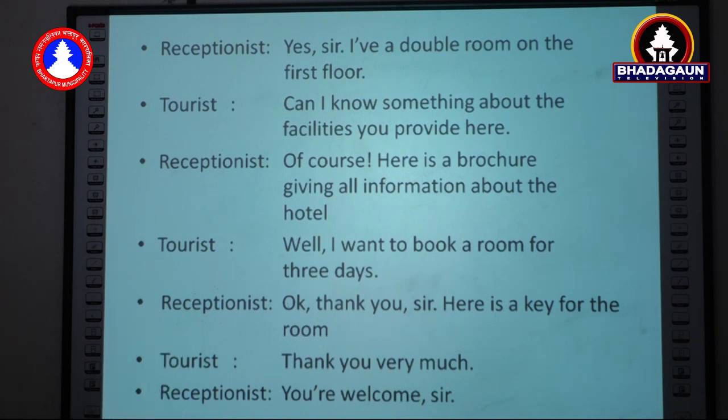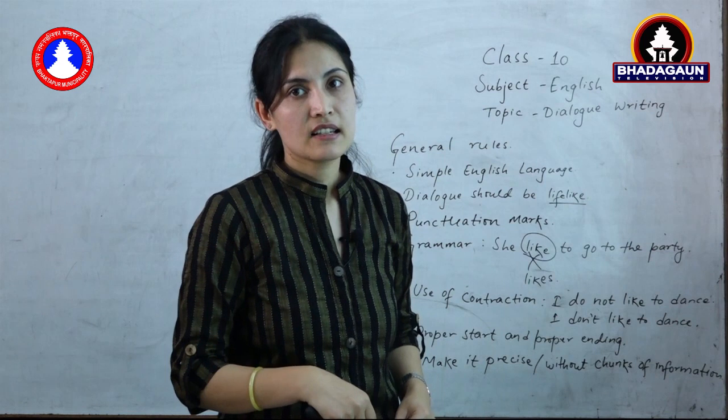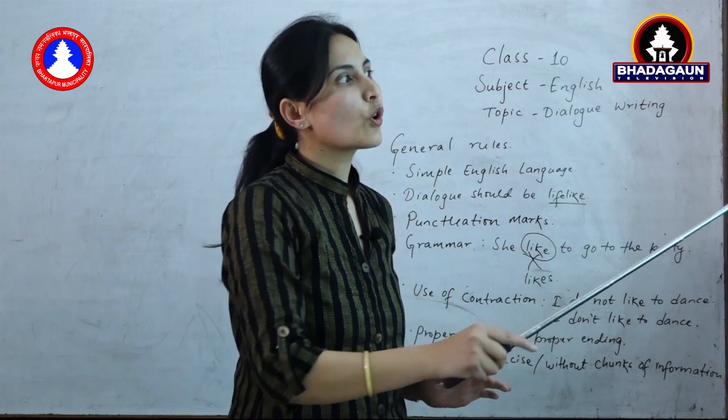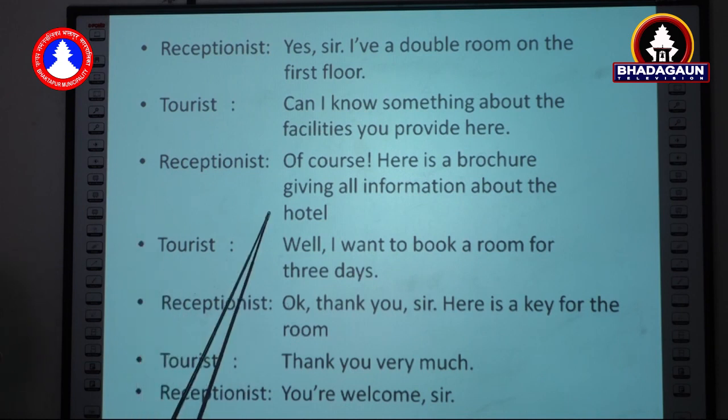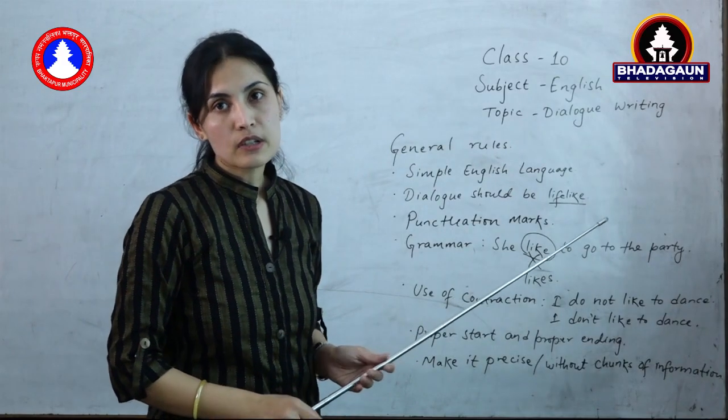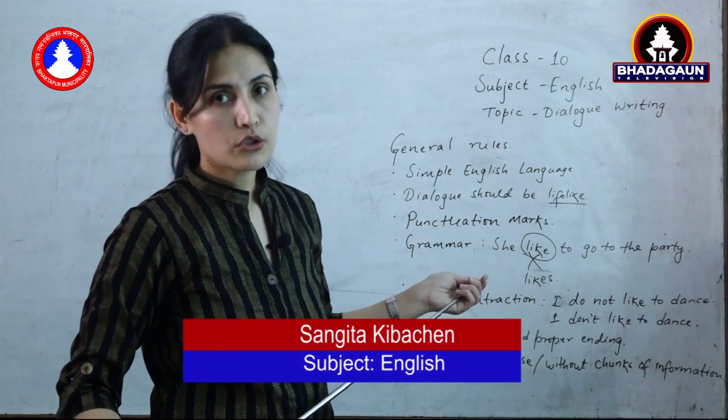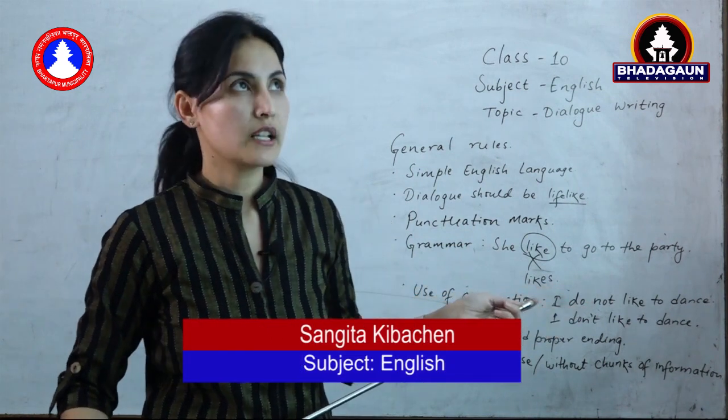So these are the exchanges I was talking all about. So this dialogue has 6 exchanges. You can go more than that, but don't finish your dialogue with 5 exchanges, 4 exchanges. At least have 6 exchanges as the example has. This is all about the receptionist and a customer who wants to book a hotel.